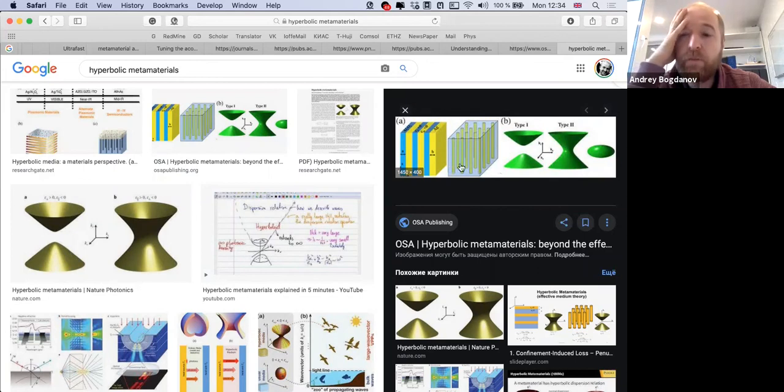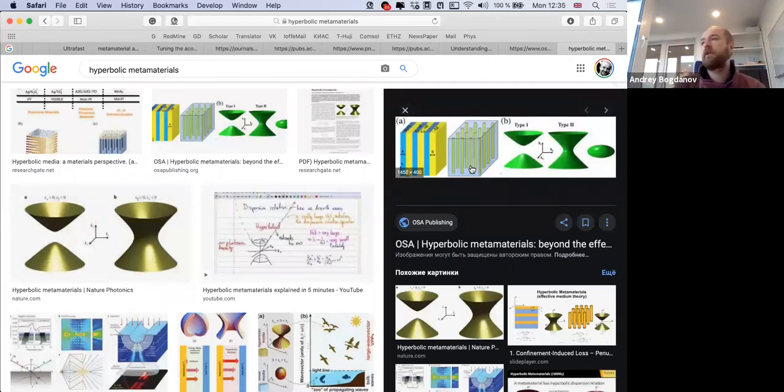But it's also possible to realize hyperbolic metamaterial as a wire medium. You have many metal wires inside some dielectric. In this case, the optical axis is vertical. For the multilayer structure, the optical axis is horizontal.